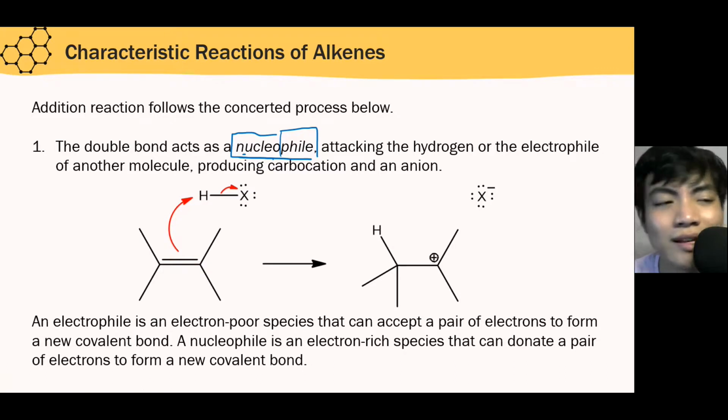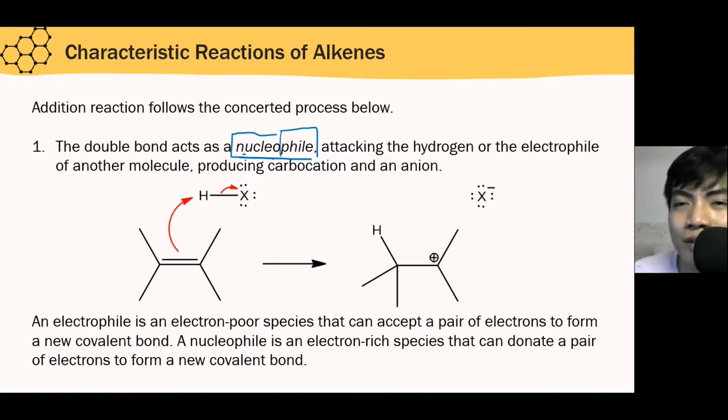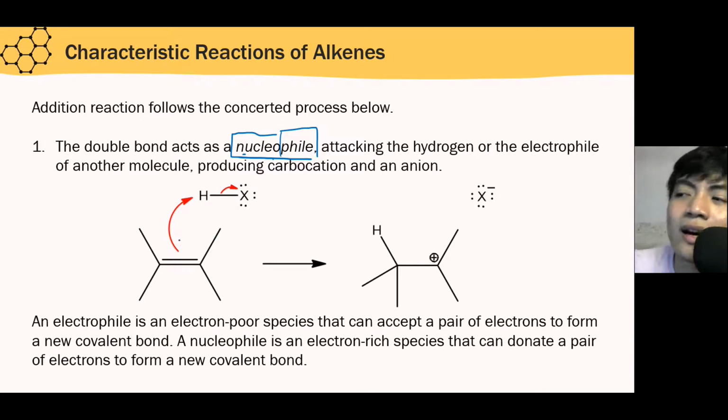So that's our idea. The double bond wants a partial positive atom. Okay? In the molecule here, this is H and X. X is any halogen, let's say fluorine. The H is the partial positive, while the halogen, the X, is the partial negative. So what will happen is that the double bond will get that.